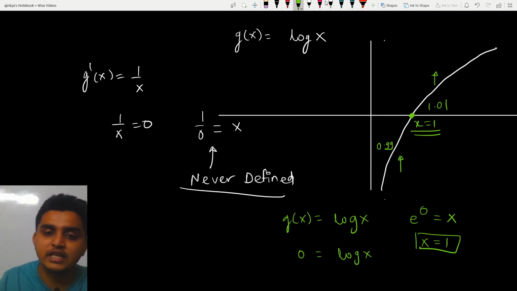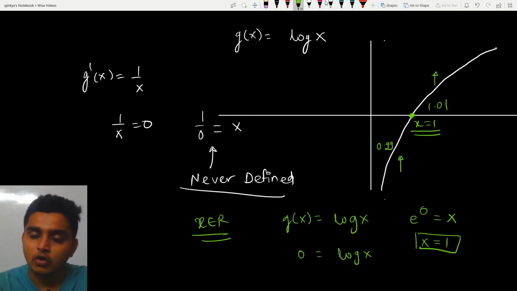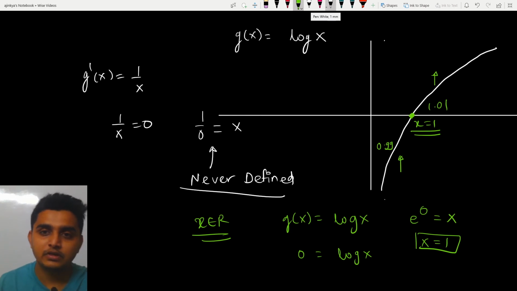So it is a constantly increasing function for all x belonging to R. So if there is any real number on the graph of log of x, we can clearly say that this function is constantly increasing, and hence since x belongs to all real numbers R, we can say that this function does not have any, so we can write it over here.